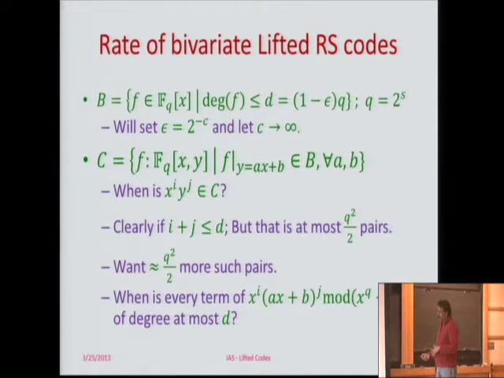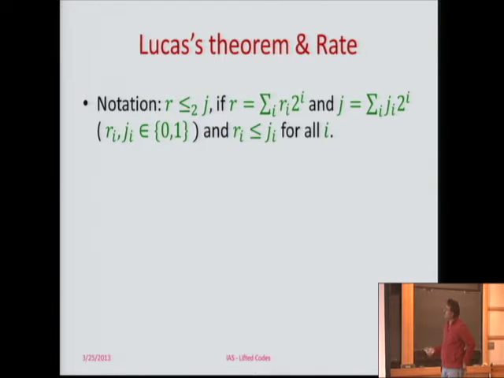But why would the degree reduce at all? Well, because we are going modulo x to the q minus x, because we are working over a field of characteristic with size q, we have to go modulo this, and so if i plus j is greater than q, then the highest degree term for instance drops in degree. Other terms may or may not drop, and we have to see what happens. So this is the question that we have to understand. Let me try to tell you about one basic theorem which helps us explain this.